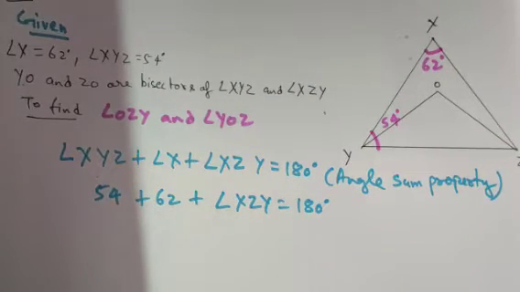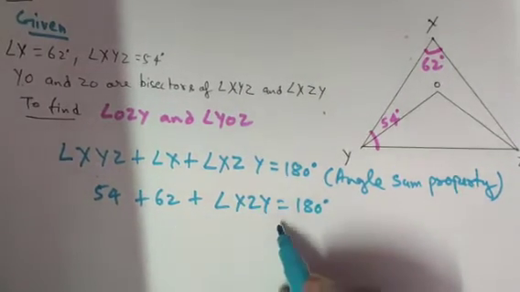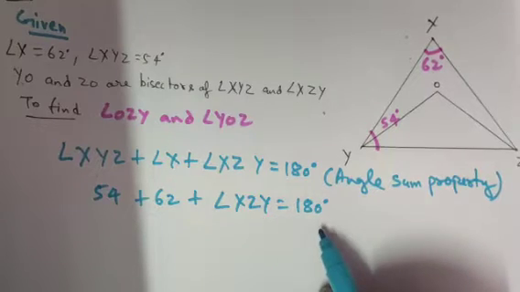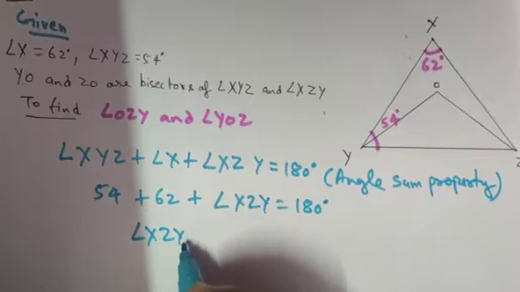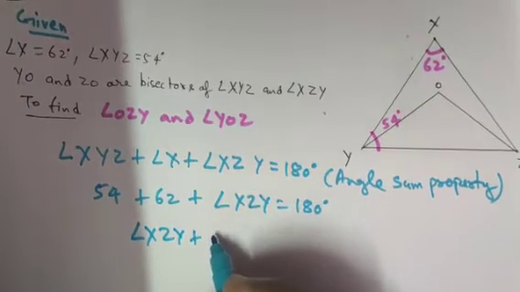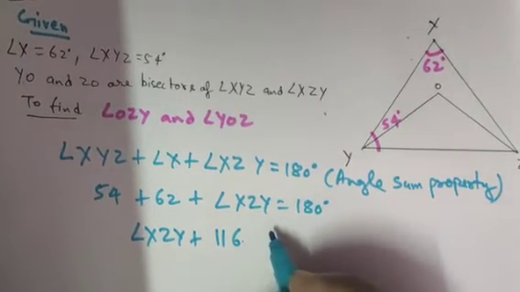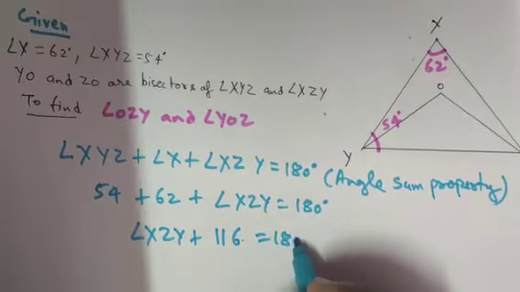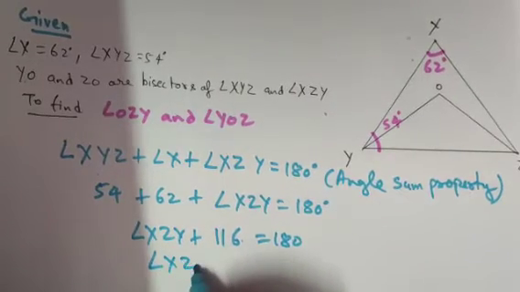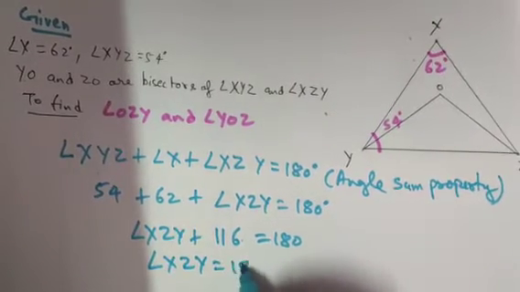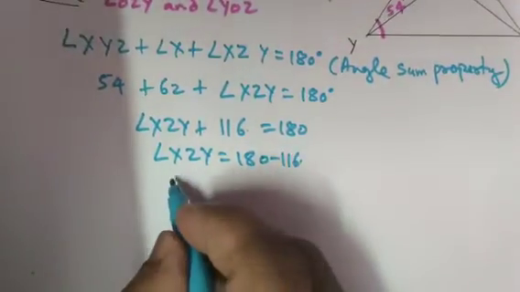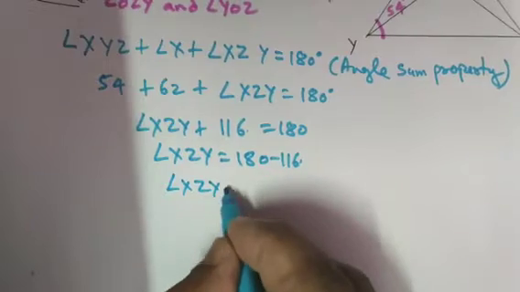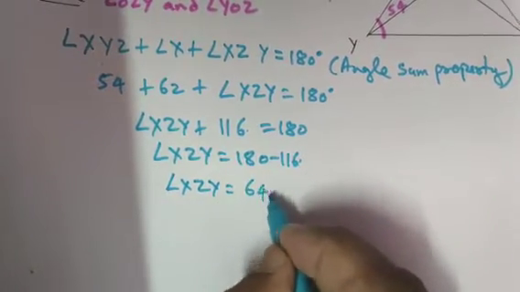XYZ is equal to 54, angle X is 62, plus angle XZY equals 180. So angle XZY plus 116 equals 180. So angle XZY equals 180 minus 116, that is angle XZY equals 64 degrees.